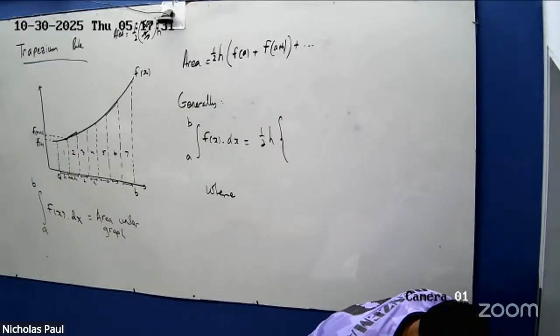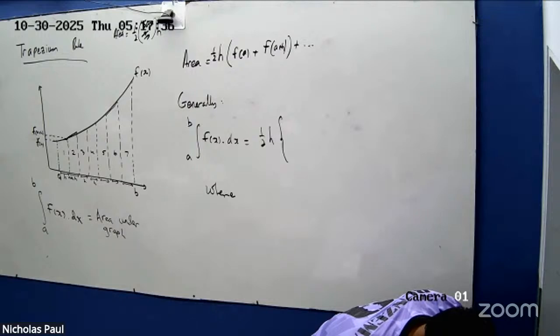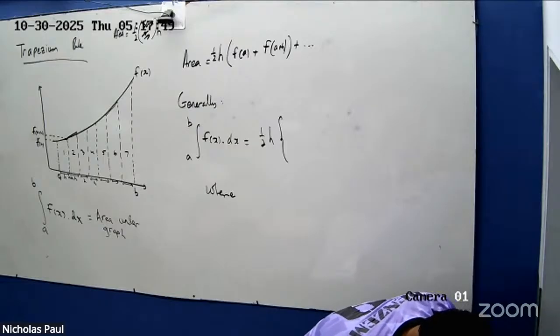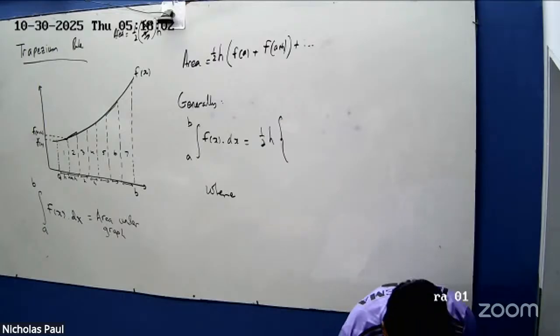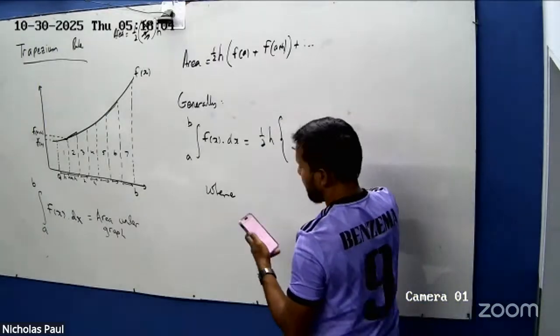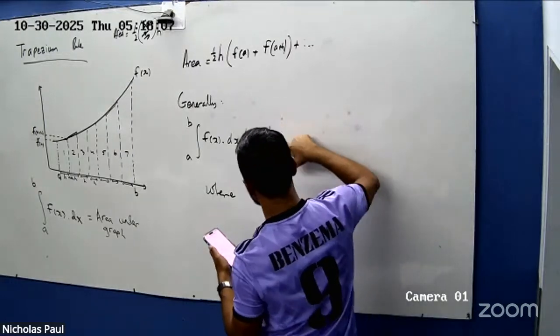I'm going to give you the exact one in the formula sheet. You have to learn this. This will be in the formula sheet. This is the one in your formula sheet, so this is the one that we're going to practice to use, right?